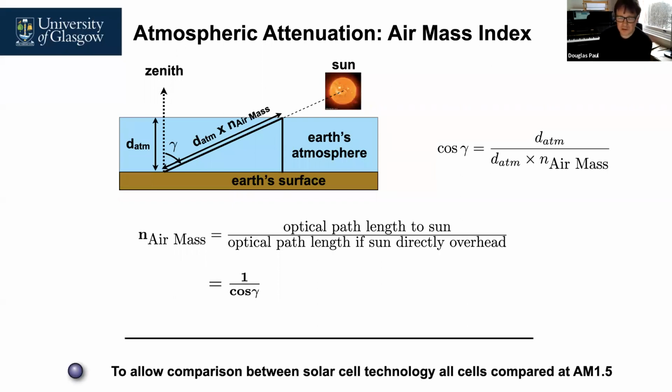Now, there's a convention, partly for historical reasons and partly because the National Institute of Standards and Technology in the US has its major solar center at 37 degrees latitude in Boulder, Colorado. To allow comparison between all solar cell technologies, all solar cells are compared to AM 1.5.